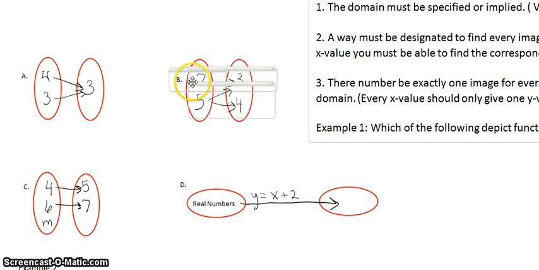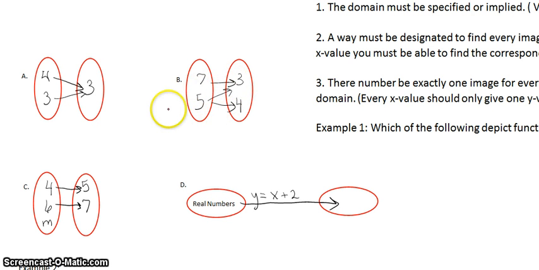Then on B, 7 gives me 3, and 5 gives me 4, and 3. So that is not a function. So this would be a function. And this is not a function, because the 5, the x value of the 5, is giving me 2 answers instead of just 1.